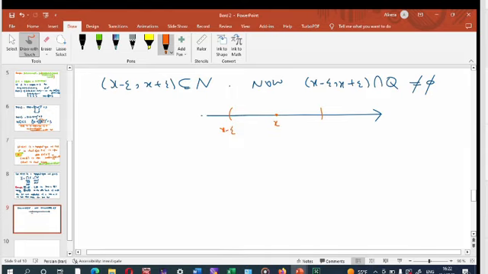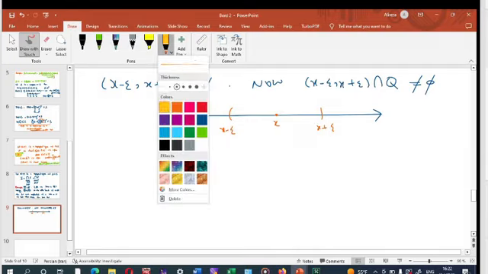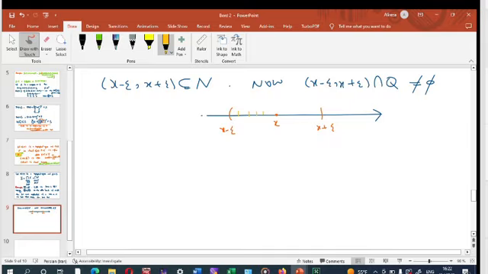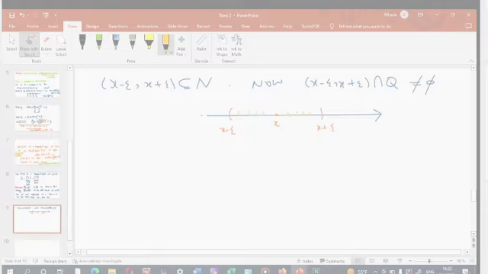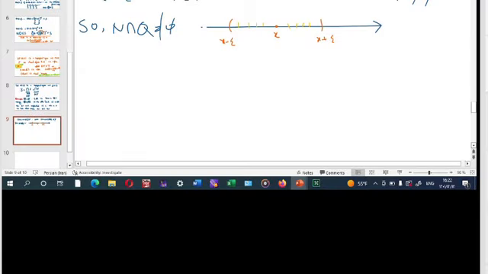In this interval we have infinitely many rational numbers. The intersection is non-empty because we know that this is a subset of N.